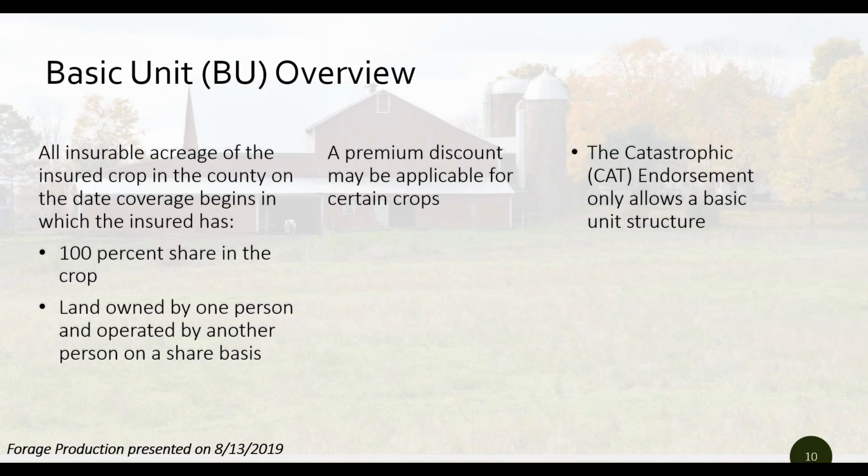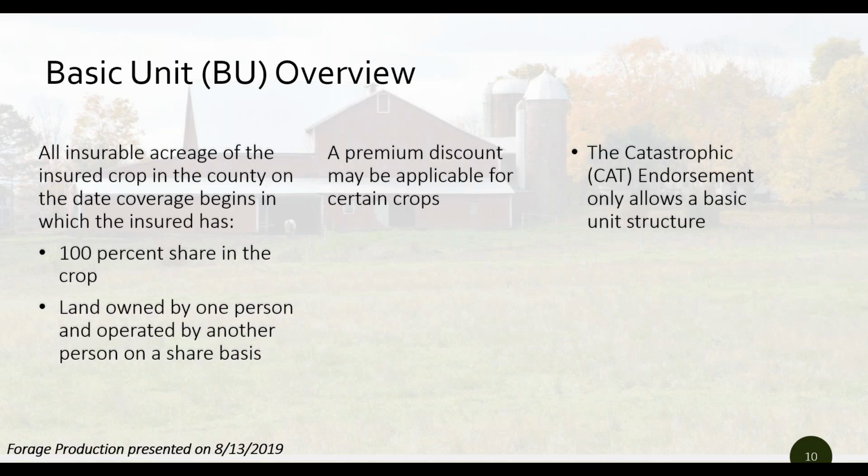So those are the 2 distinguishing characteristics that you need to look at. For a basic unit, unless otherwise specified in the crop provisions or special provisions, we have all insurable acreage of the insured crop in the county on the date coverage begins for the crop year in which the insured has 100% share in the crop.